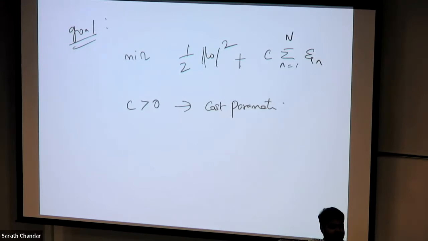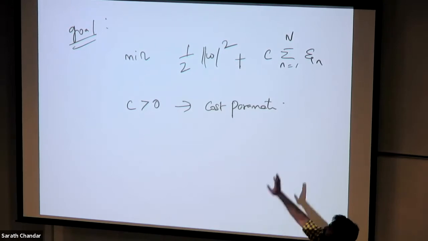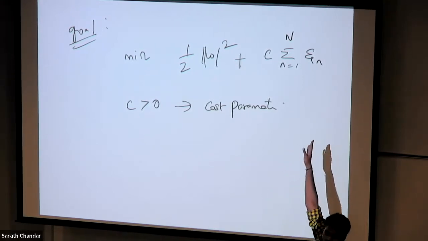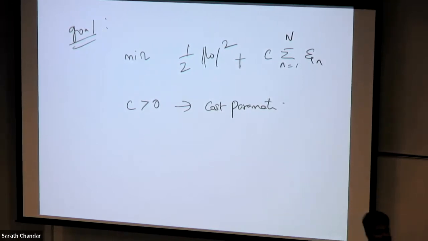If I put C to be very high, then I'm being less lenient. If C is small, then I'm being more lenient. So you try to minimize epsilon as much as possible, but you don't need to make it 0. Now if I put C equal to infinity, what would happen? You get the hard margin version back.